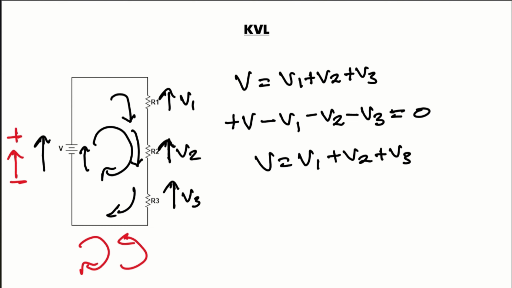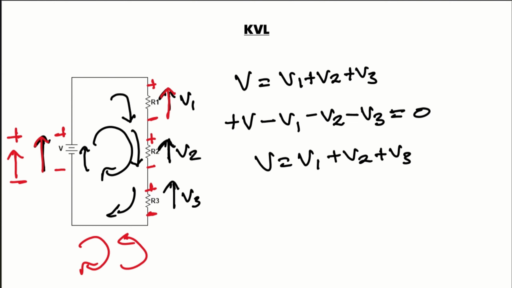For example, in the power source, this is the high potential and this is the low potential, so the arrow will be from minus to plus. For resistor R1, this is the high potential and this is the low potential, so the arrow will be from minus to plus. Same for R2 and R3. Always your voltage direction will be from low potential to high potential.